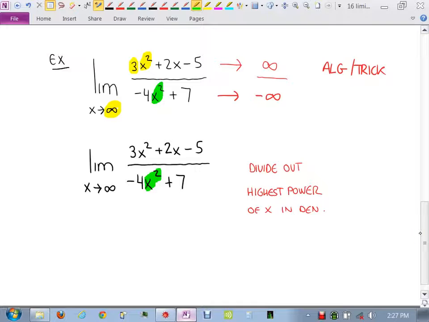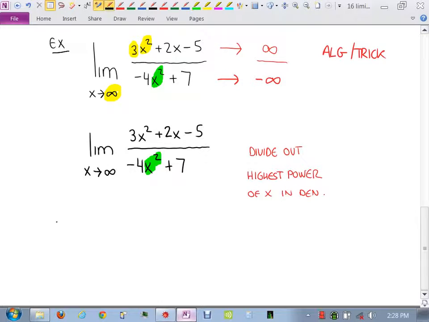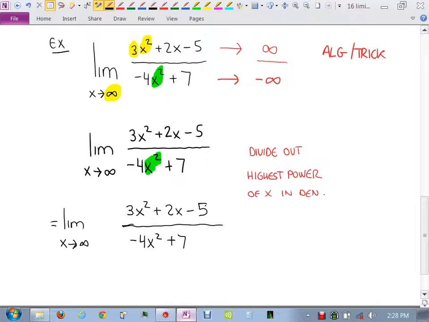So how would I do it? Let me show you what I'm going to do. I'm going to leave a little space in the front of this fraction here. The only way I can get rid of the x squared in the bottom is to come in here with the 1 over x squared and multiply that through.